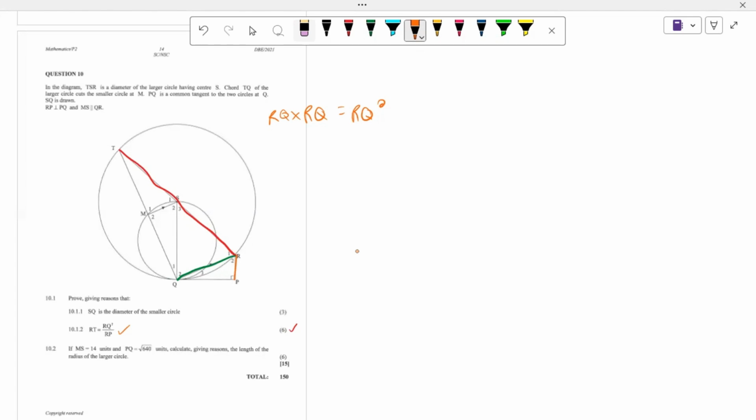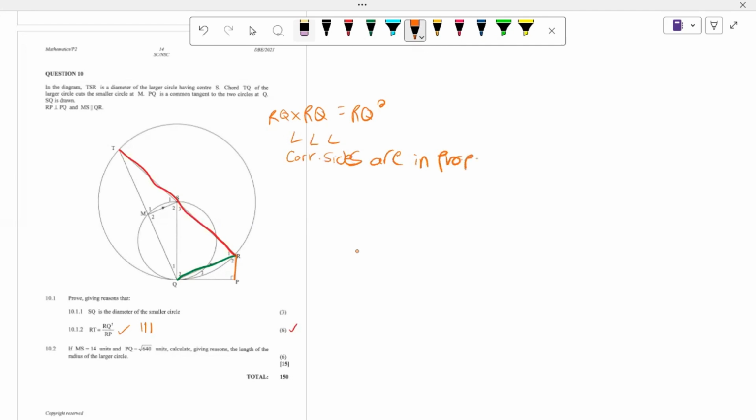So with a question like 10.1.2, nine times out of ten, we must firstly prove a similarity. Because we know there are only two ways: angle, angle, angle, or corresponding sides are in proportion.